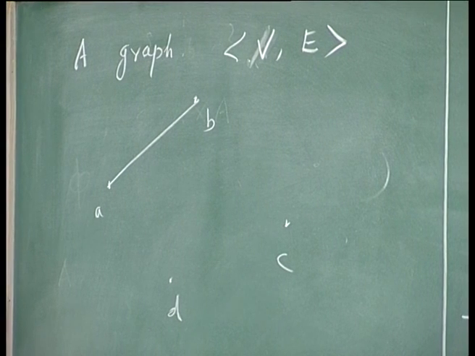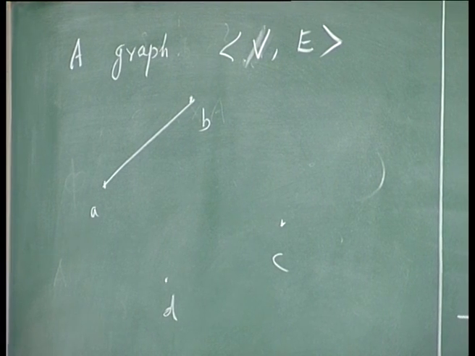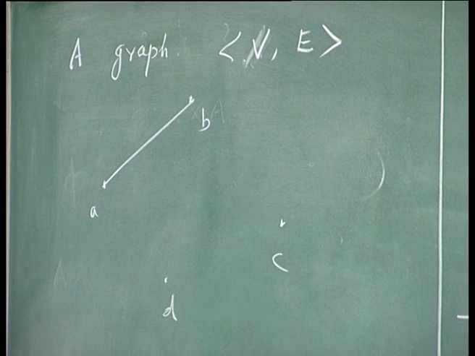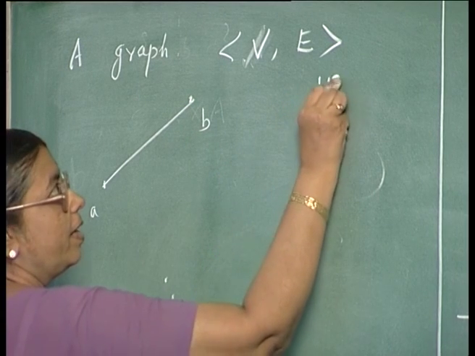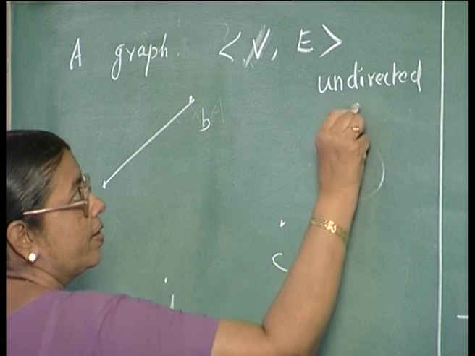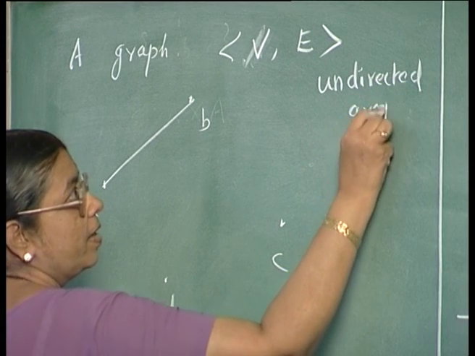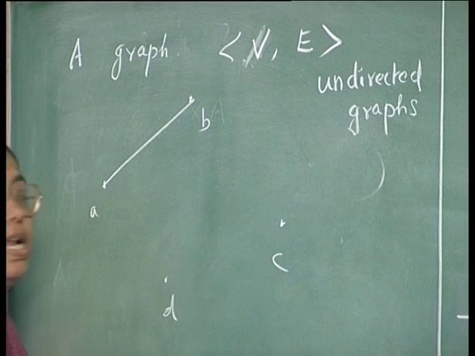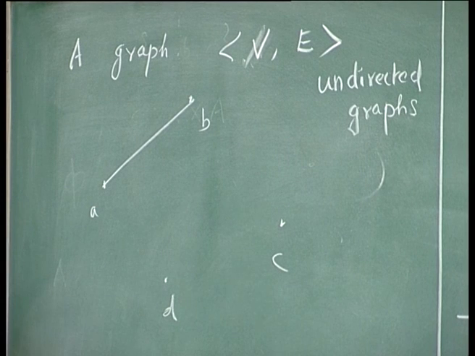A, B is an edge, but it is not directed. It is between A and B. So, that order is not important when you consider undirected graphs. They are not directed graphs, they are undirected graphs. Generally when you say graphs, you mean undirected graphs. If it is directed, you have to specifically say directed graphs.